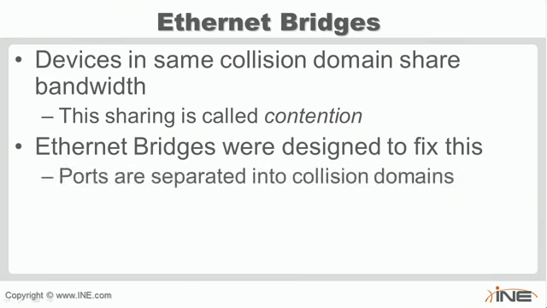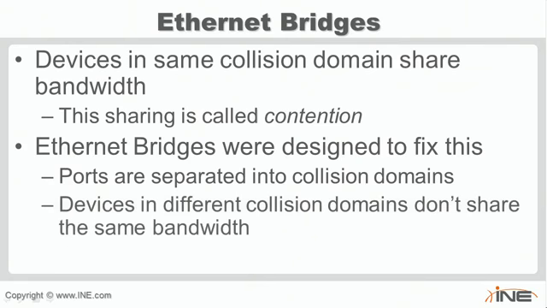And the way it does this is to separate the individual ports into separate collision domains. So it's an electrical function where when you're sending a signal on one side of the device, it's not the same signal that's on the other side, which means that the device now has to have some additional intelligence. The key is that with a bridge, since the devices are in different collision domains, they don't share the same bandwidth.